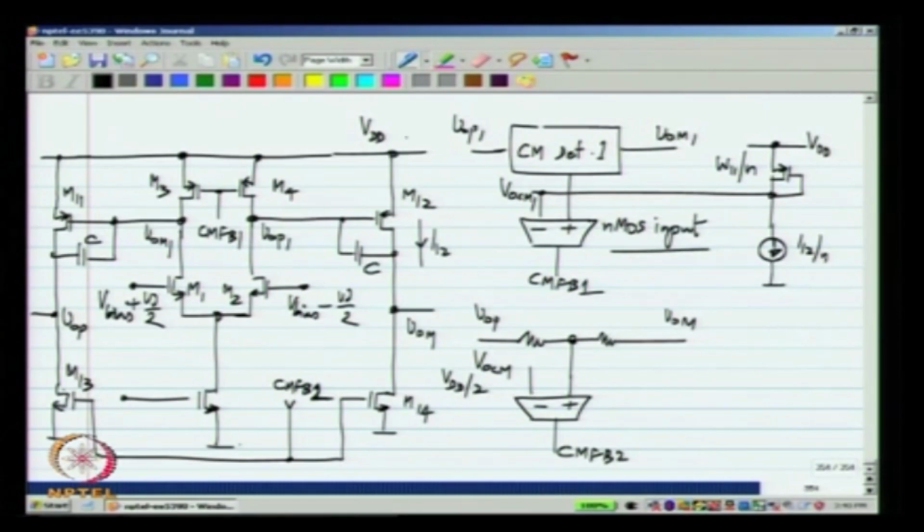That is when the levels will be compatible, and similarly in the second stage we need to provide the feedback to the gates of NMOS devices. So, they should have a PMOS input. And you need to mind the current density, so that you avoid systematic offset in both cases.